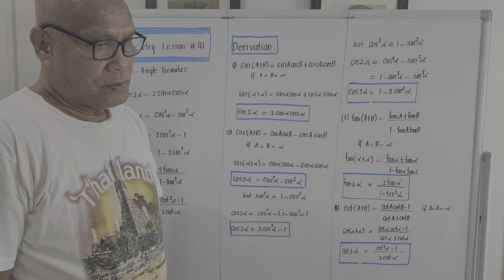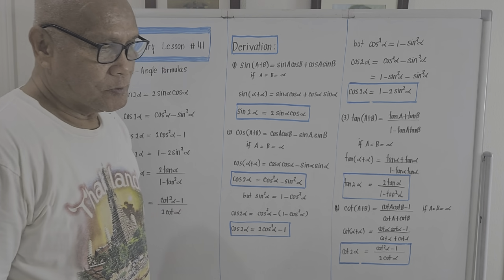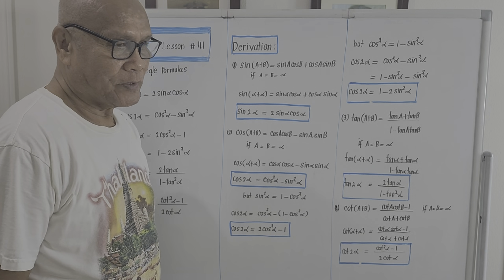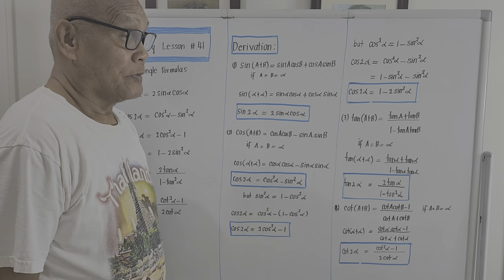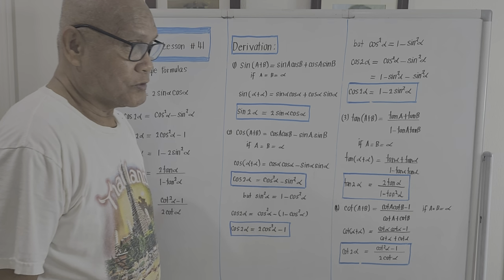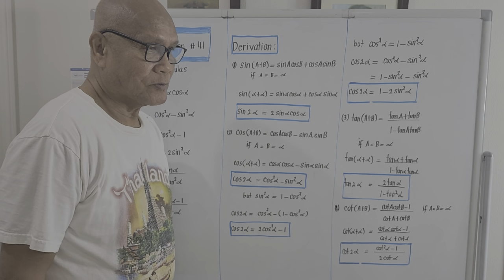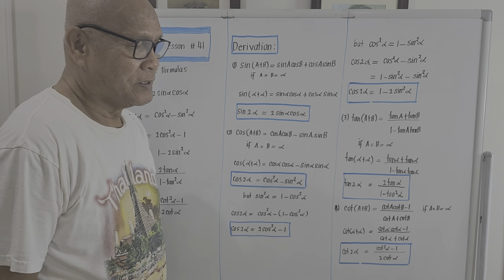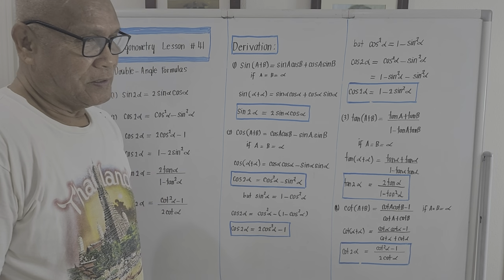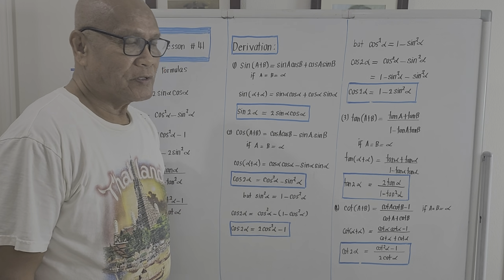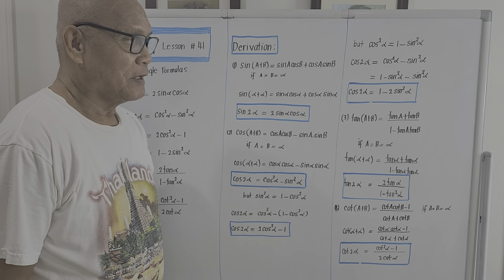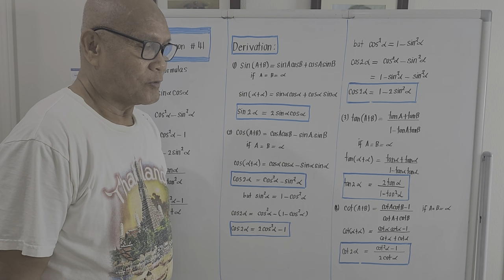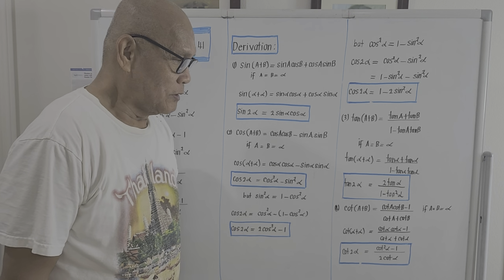We are now through with the expansion of the sum and difference of a sine function, the cosine of a sum and difference of two angles, the tangent of the sum of two angles, and the sum or difference of a cotangent of two angles.